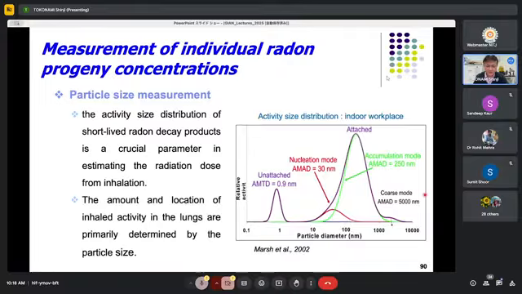Coarse mode particles, AMAD is 5,000 nanometers. These three mode particles we call an attached progeny.